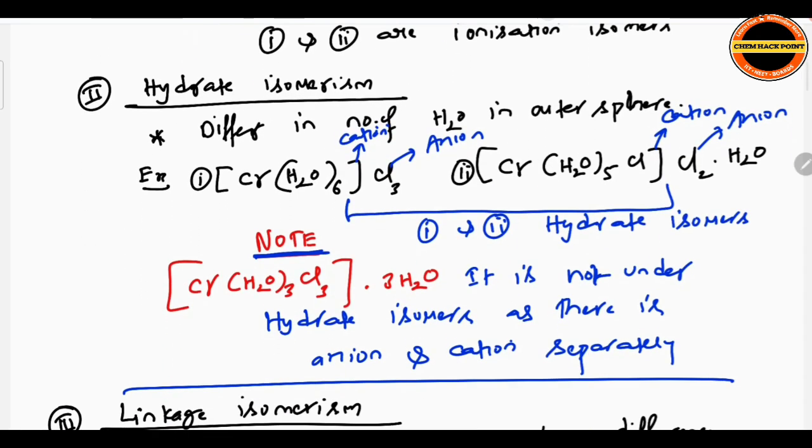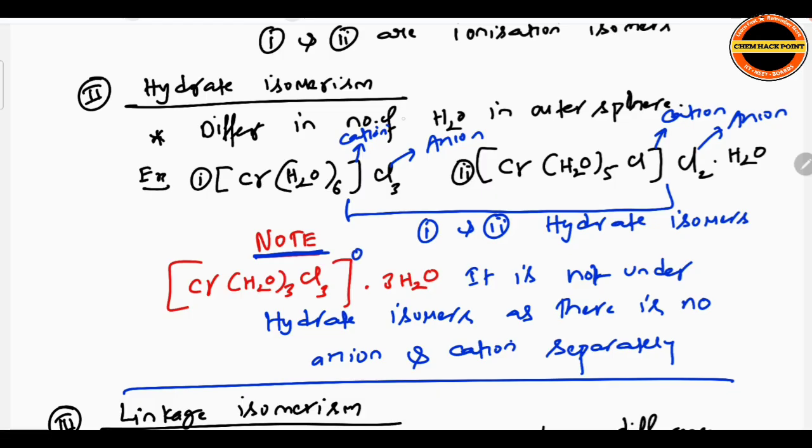Remember one statement. Here I wrote one more isomer with the above formula, where 3 H2O are present. It is not counted under hydrate isomers, as there is no anion and cation separately. Why? The overall charge here is 0, right?